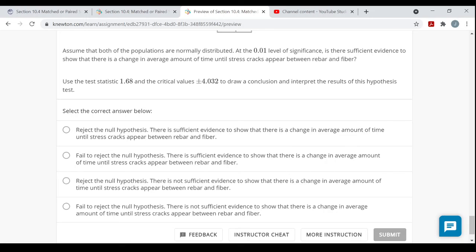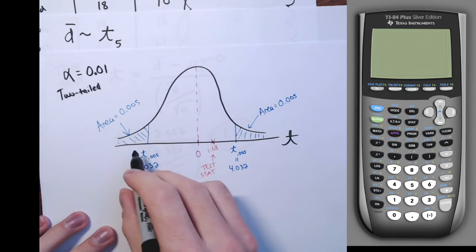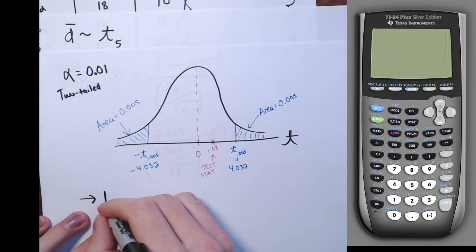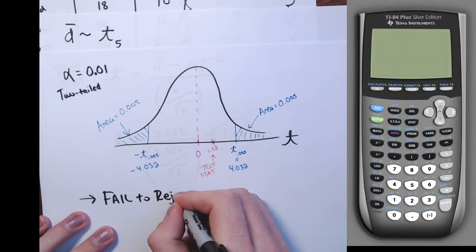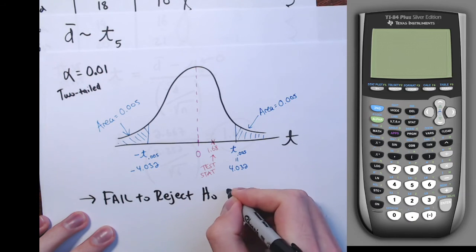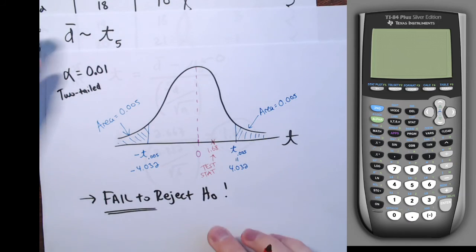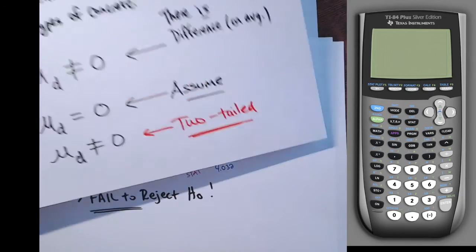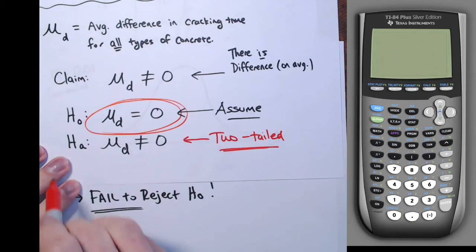So going back to my paper. Because the test statistic is not in one of these rejection regions, I am not rejecting the null hypothesis. We fail to reject the null hypothesis. So if you look at your hypotheses, we're keeping this, not rejecting it.